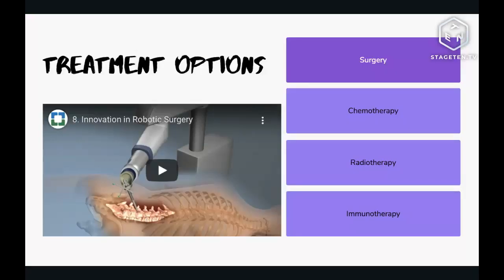So the treatment options involve pretty many kinds of techniques right now, and they are evolving through time. If we speak about surgery, right now oncology can propose to a patient manual surgery, the basic one, laparoscopic surgery, and robotic surgery.